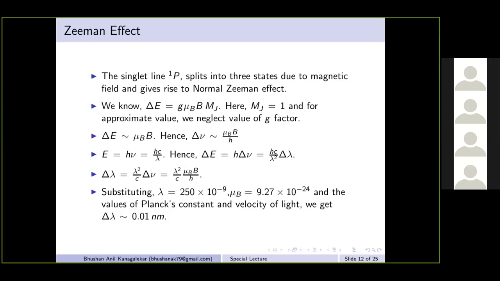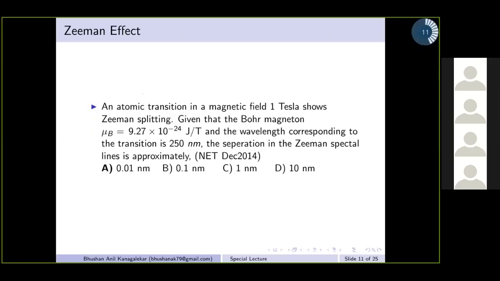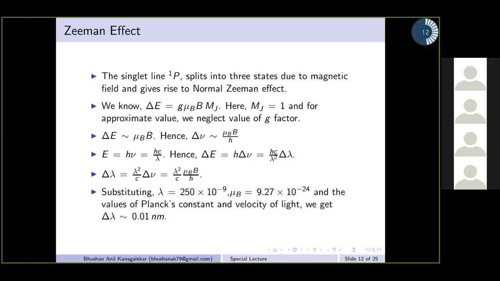So the question is to approximate the separation in the Zeeman spectral line. Approximately I'll neglect the G factor, so delta E is approximately equal to mu B B, because delta mj equals 1.